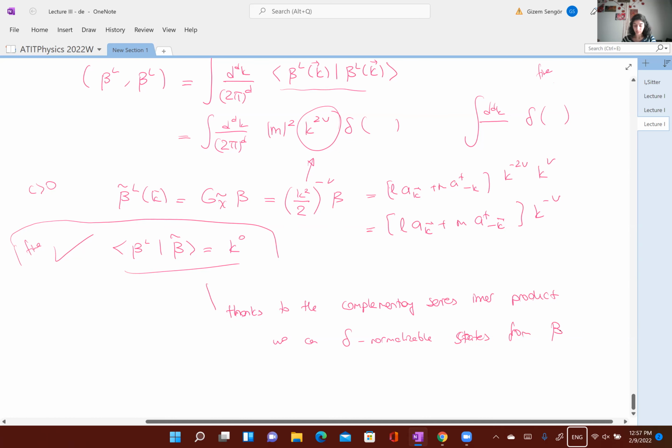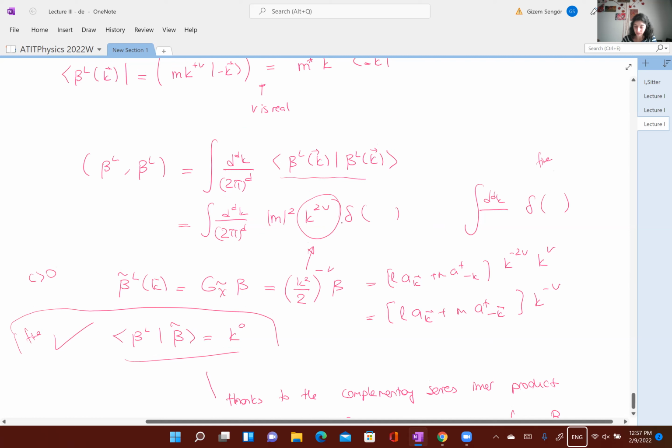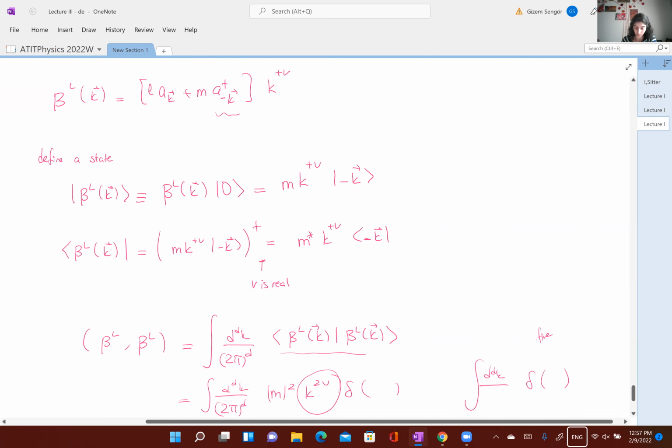Now, in the principal series case, instead of this nu, you have i rho. So even at this level, in the principal series case, this will be k to the m i rho, and the opposite one will be k to the m minus i rho. So these will just cancel each other. That's why you don't need to do anything extra.